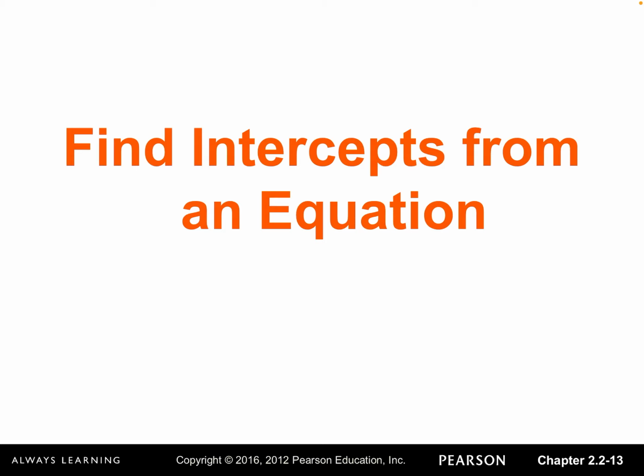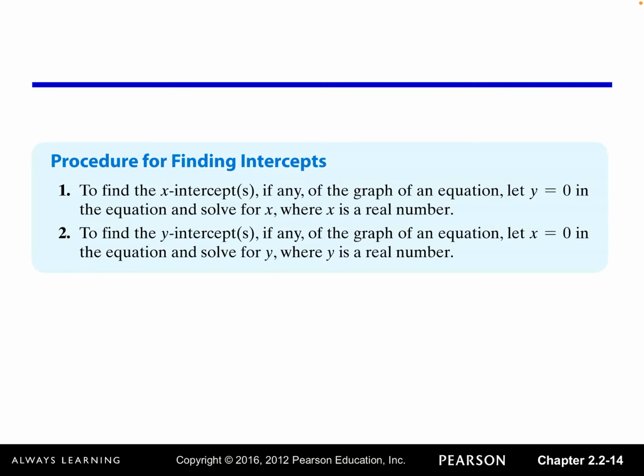What about finding intercepts from the equation? The procedure for finding intercepts from an equation is two steps. To find the x-intercepts, you need to let the y-coordinate be 0, plug y equal to 0 into the equation, and then solve for x.